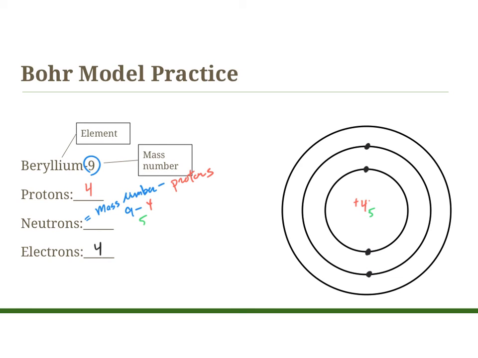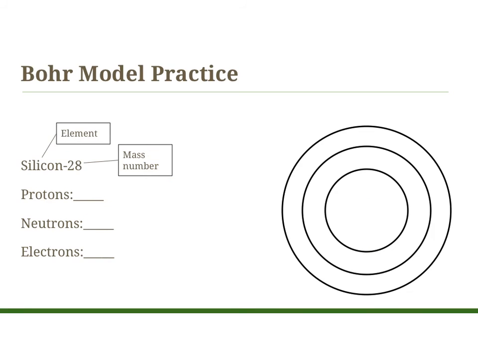And this element is done now. Okay, so now I'm going to go ahead and do silicon, which, again, I'm going to look at the periodic table, and this is a neutral atom, and silicon's atomic number is 14. So that tells me I have 14 protons, 14 electrons. The mass number is 28, so it's going to be mass number minus protons.